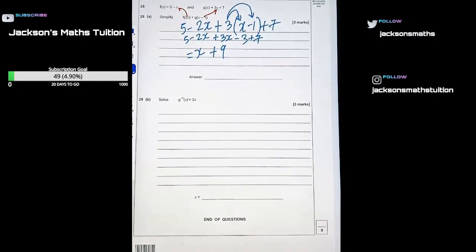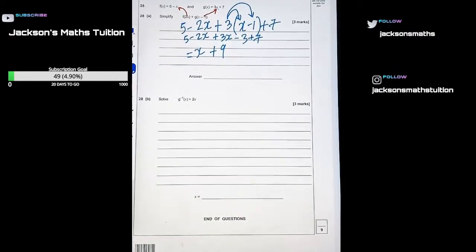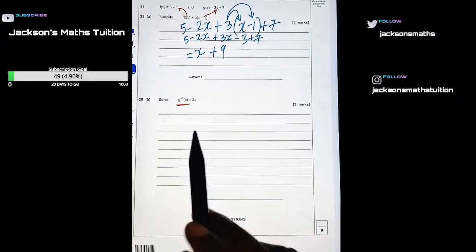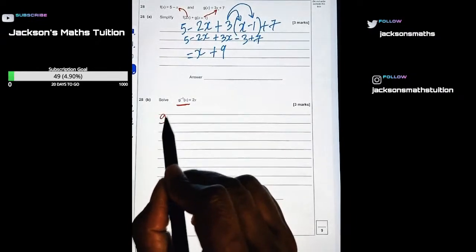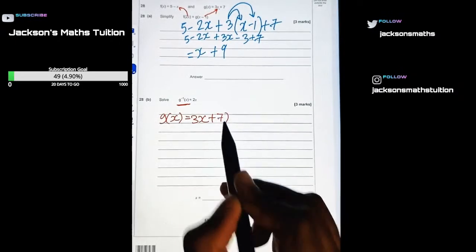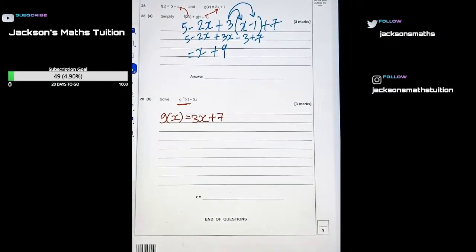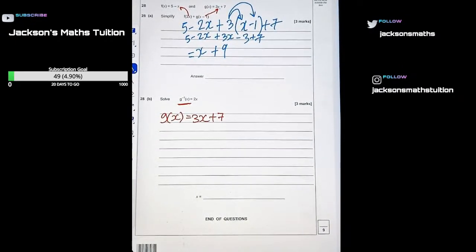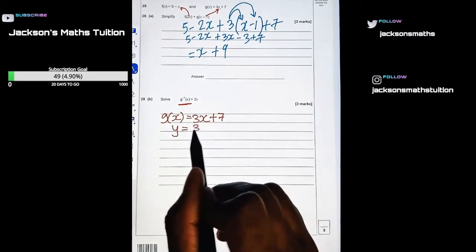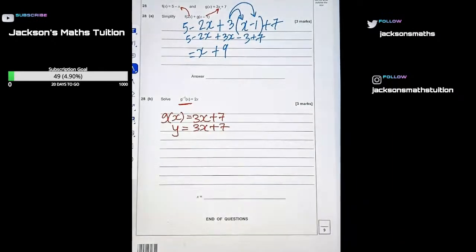Okay, part B, inverse. So we need to solve. Before we do the solving, we need to find the inverse of the g function. So g of x is 3x plus 7. G of x, the function of x, is the same thing as y. So you just write y equals 3x plus 7. Now we're going to make x the subject.